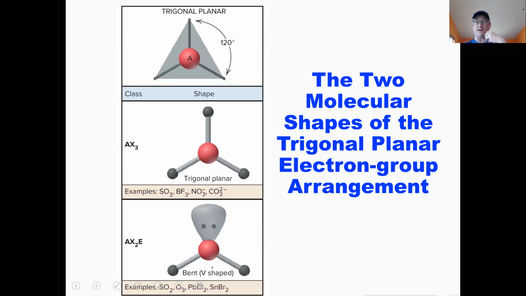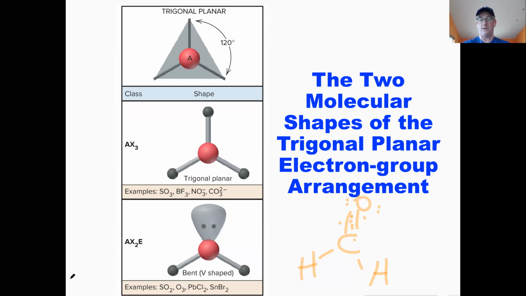So here's some examples of the trigonal planar. And you'll see a lot of these with carbon with a double bond and two singles. That makes for three regions, something like this. So here, carbon has three regions of electron density around it.